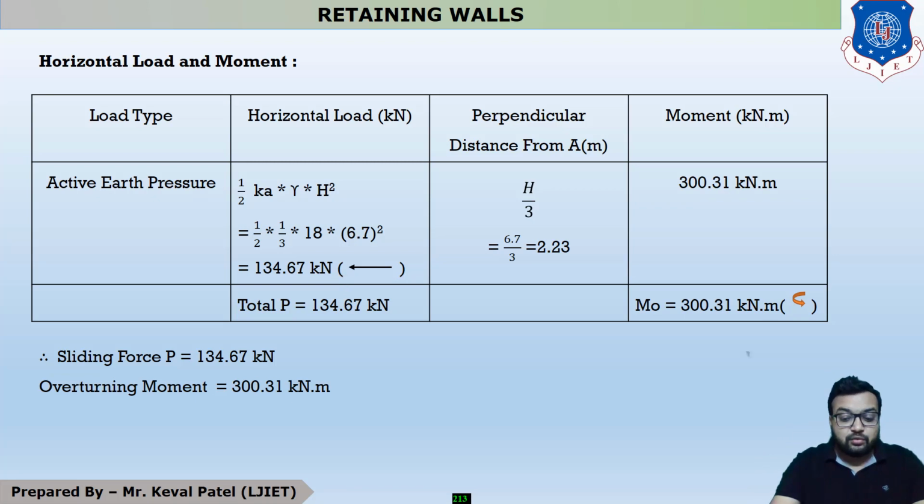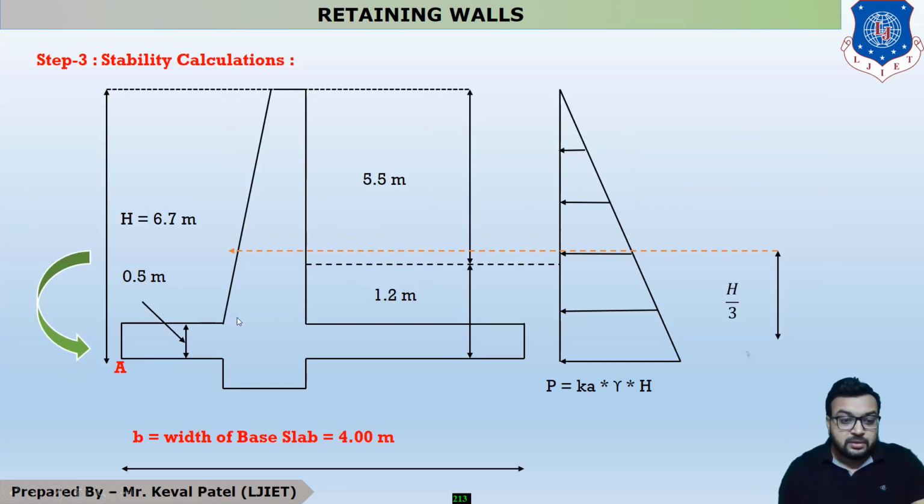But we have to find all the forces and all the moments at this point. So this is our force, acting at this CG point. This height is h by 3 and this height is 2h by 3. So this h by 3 is 6.7 divided by 3.